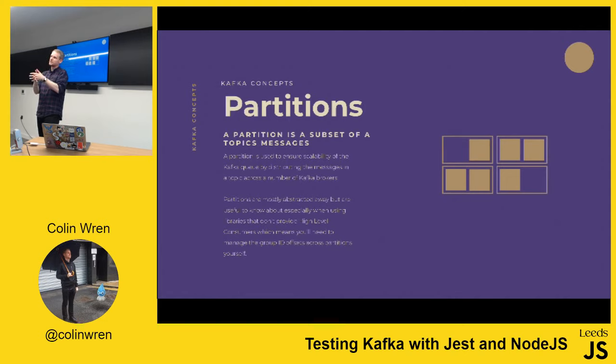So for instance, if you have a Kafka broker and the topic's on there, and then you've got a consumer reading from said partition, then ultimately the consumer's group ID is what that partition is going to use to bring back the messages.